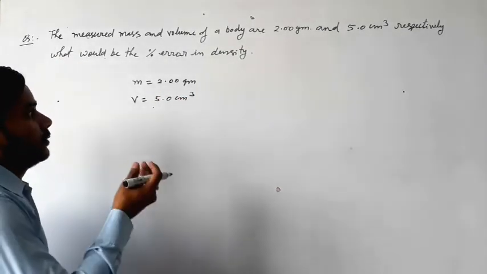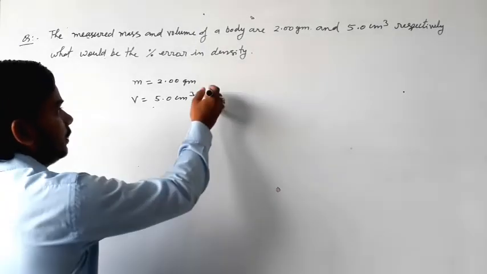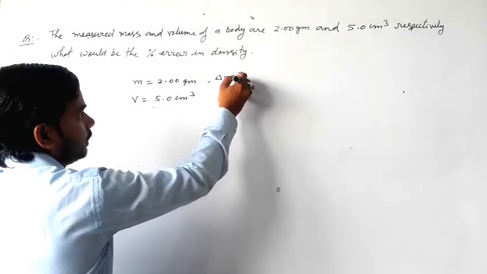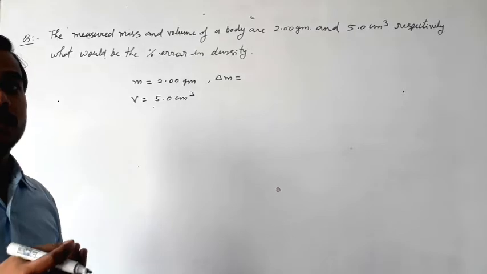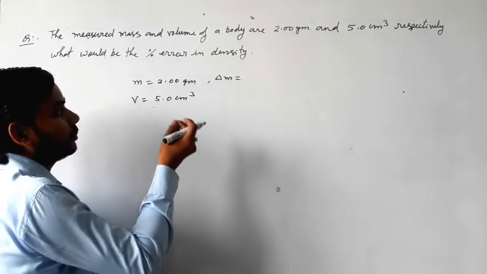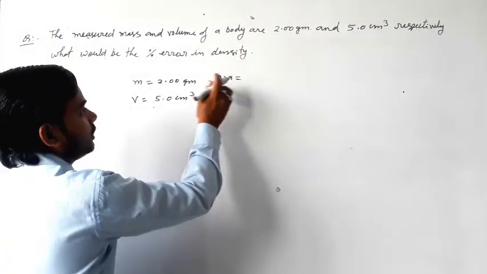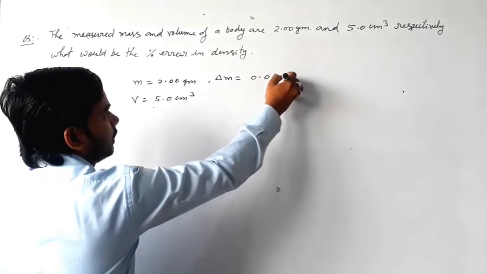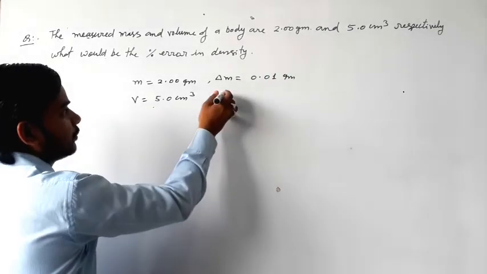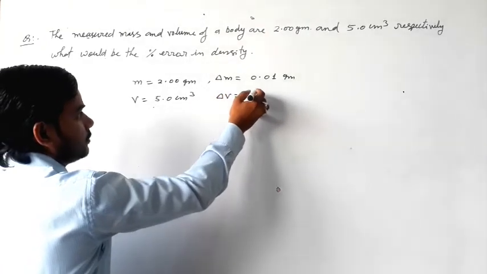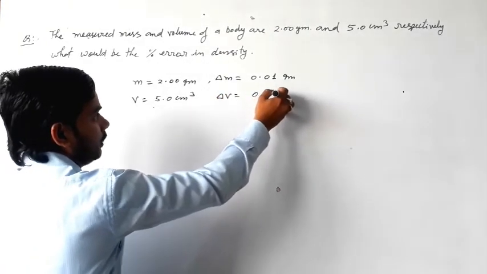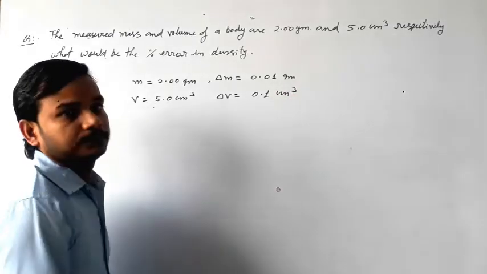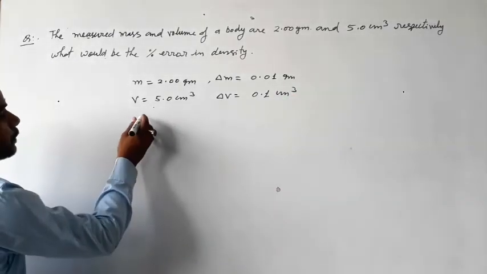So we take delta m as the minimum possible error, which is 0.01 gram, and delta V is 0.1 centimeter cube.